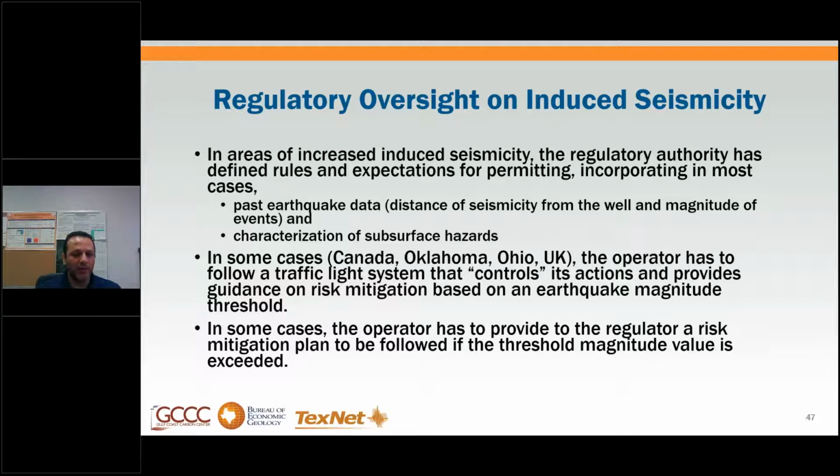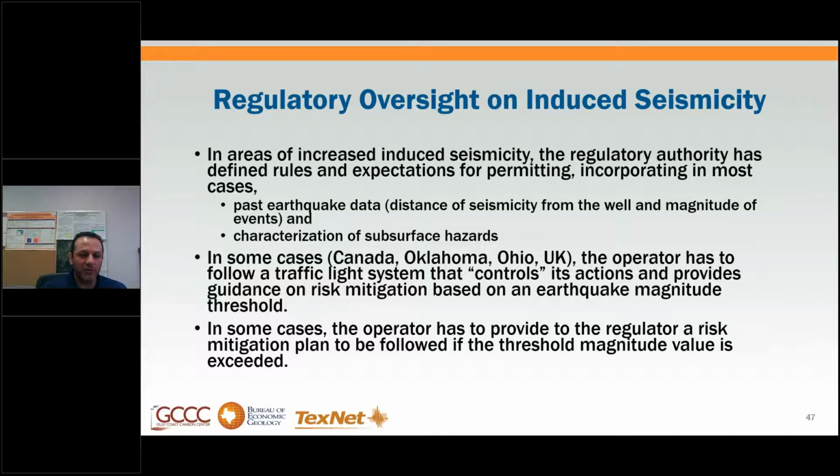And also, like Alexandros mentioned, doing a good job in characterization of the subsurface hazards prior to starting the project.